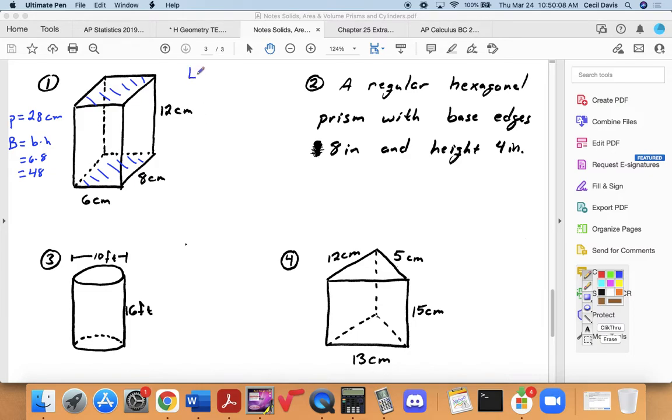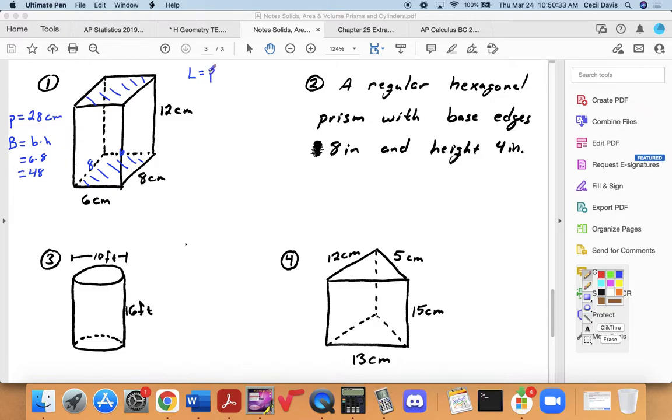So then the lateral area, again, if we were to cut this open and fold it out, you'd have this big rectangle whose bottom would be 28 and whose height would be 12. Yes. What did you do for perimeter? I added 6 and 8 and 6 and 8.